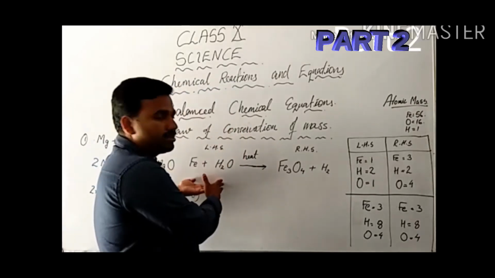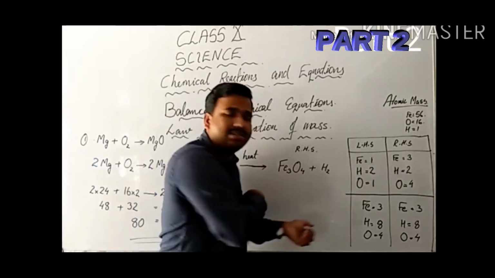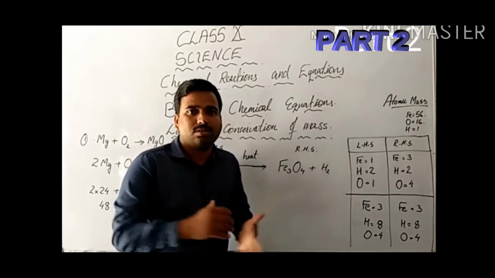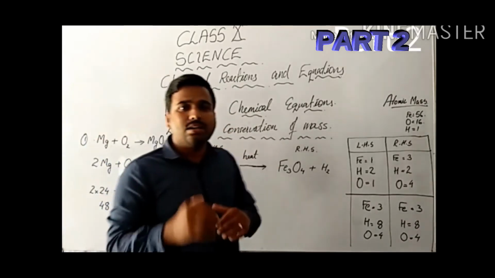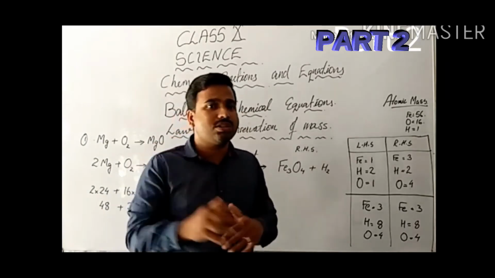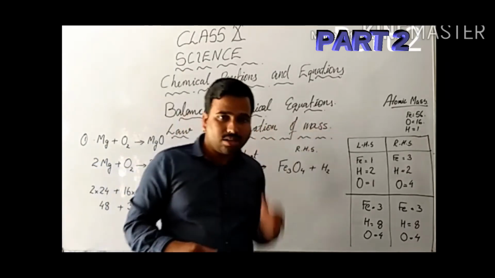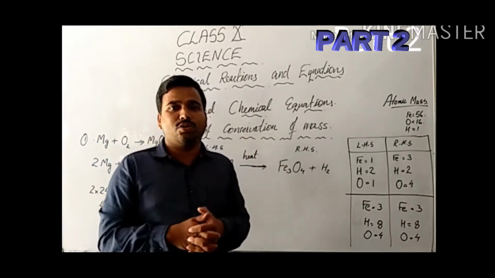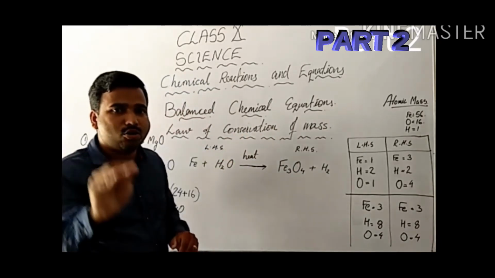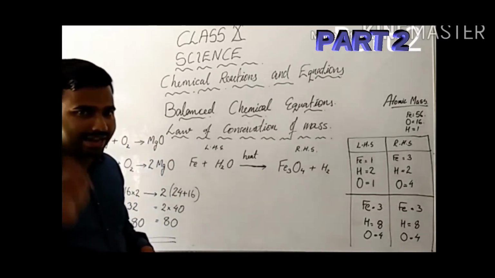So on the left hand side you got 10 gram, and on the right hand side also 10 gram. This is just an example. This is how we write a balanced chemical equation. We need to follow the law of conservation of mass, which is very important here: mass can neither be created nor be destroyed in a chemical reaction.